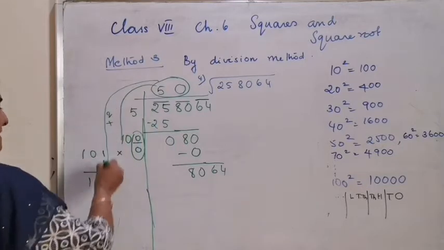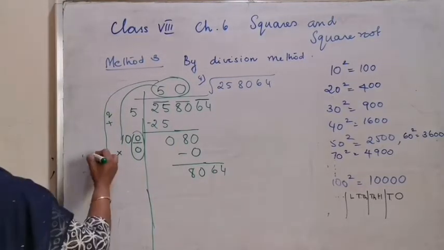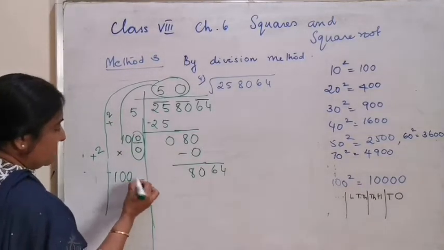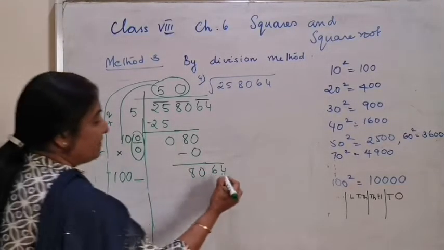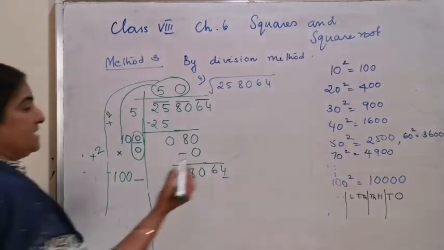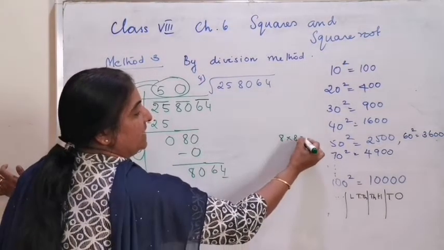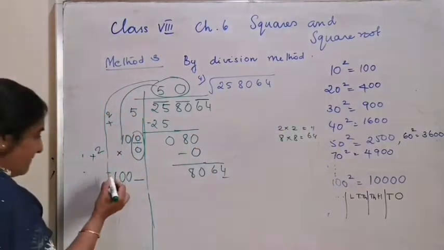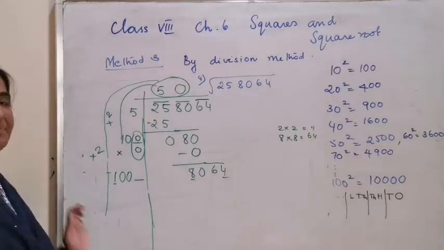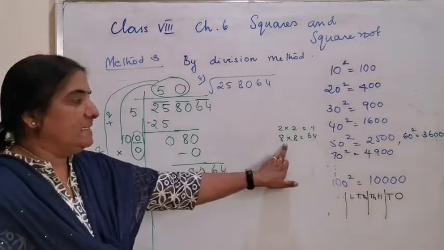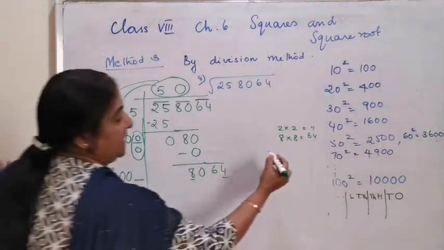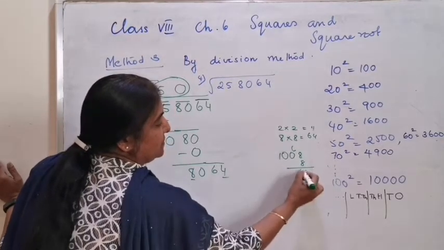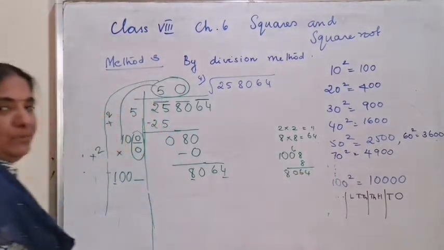The next step is double of 50. Double of 50 into 2 as 100. The rule of 4: either it should be 8 into 8, 64, or 2 into 2, 4. Now you can have a look at 1 and 8. That is, preferably it will be the digit 8. Check with 8. 1008 into 8. 8 8s are 64. 6 0 8 0 6 4.